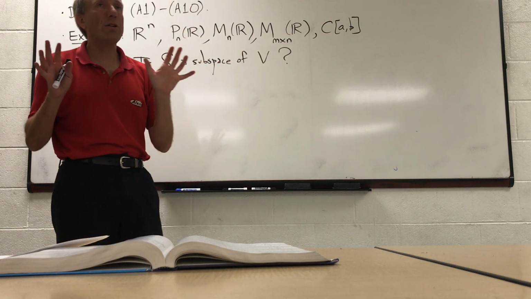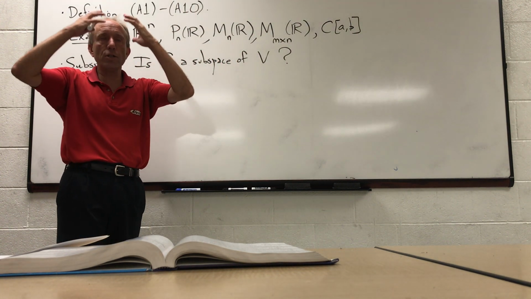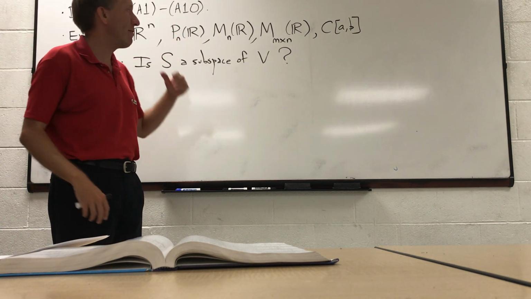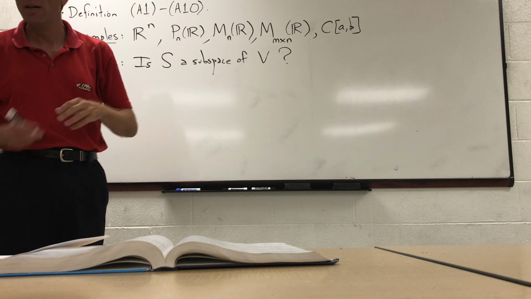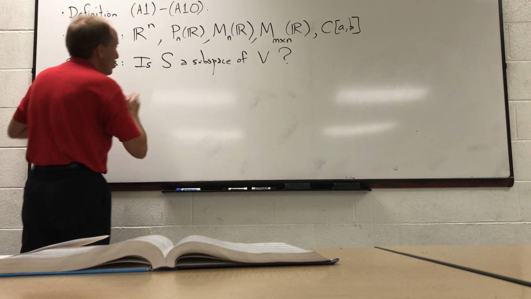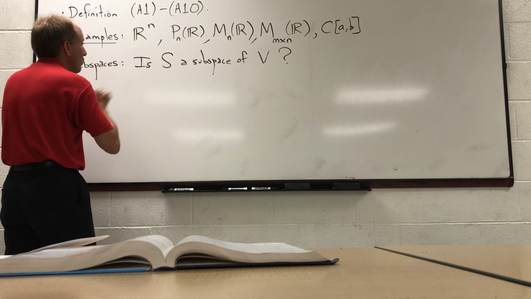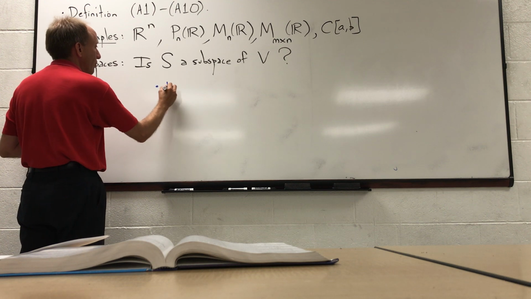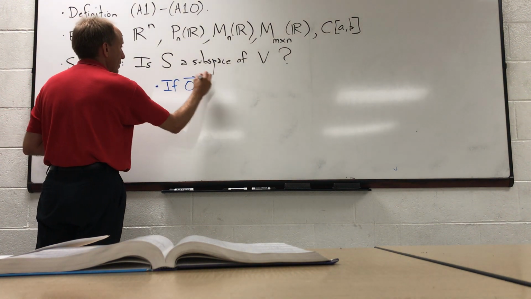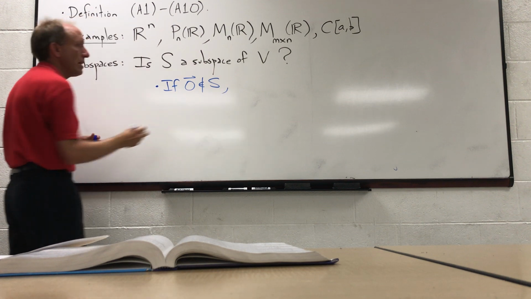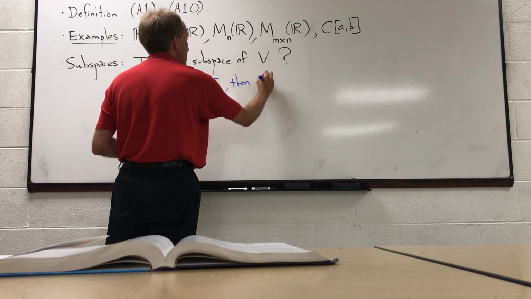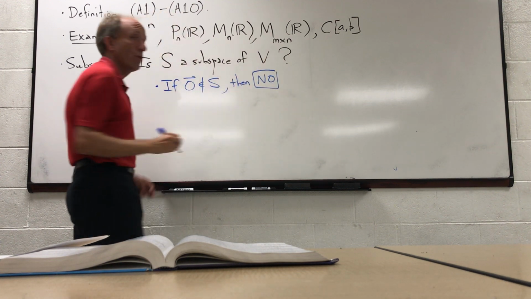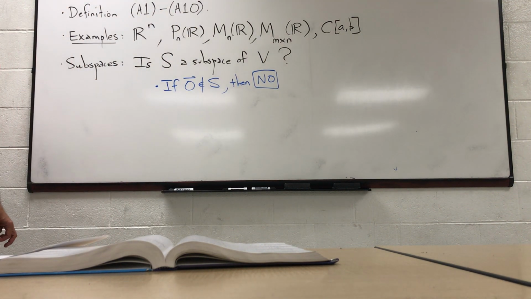So you don't want to just start mindlessly trying to move forward until you have a pretty confident idea about whether the answer is yes or no. As an illustration, if the zero vector is not in S, then the answer is no. For sure, the answer is no.